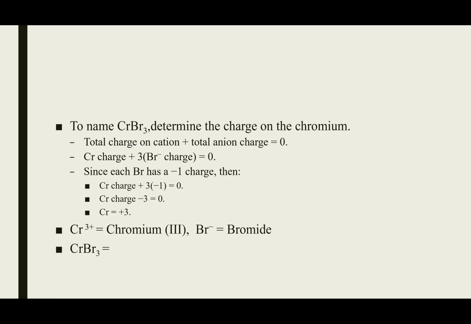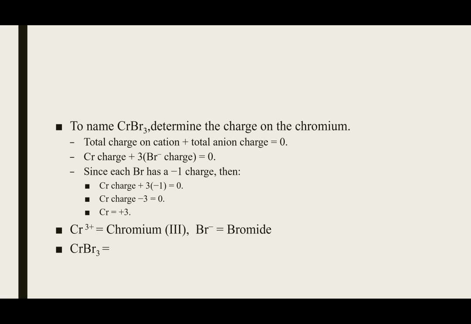So if I wanted to name CrBr3, I have to figure out the charge of the chromium. And I can do that because the anions always have the same charge. Group 15 is always -3, group 16 is always -2, group 17 is always -1. So I use the charge of the anion to figure out the charge of the chromium. So the total charge I know of the compound will be 0.